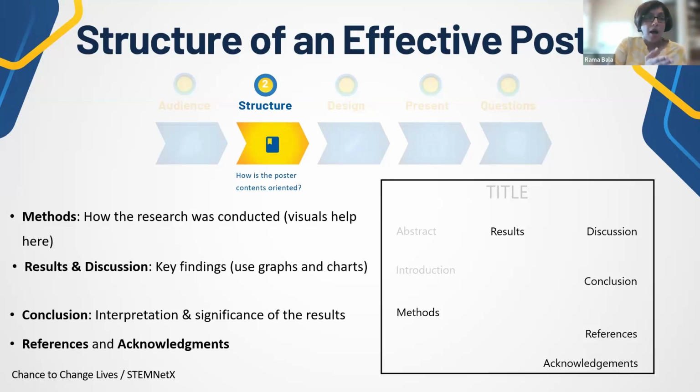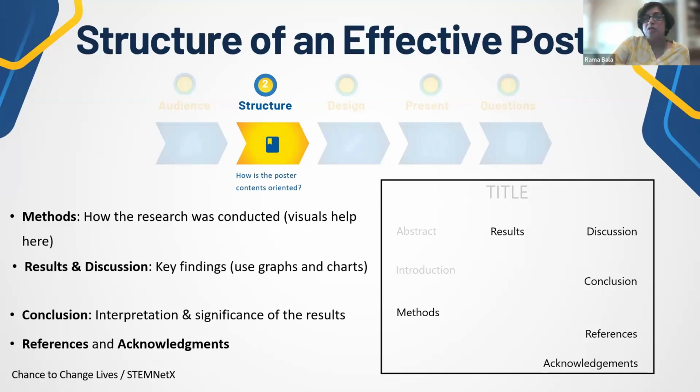Some of them present the results and then discuss separately. So really use your creativity and your judgment to see what your research is telling you and how you want to convey the results and outcomes of your research project.